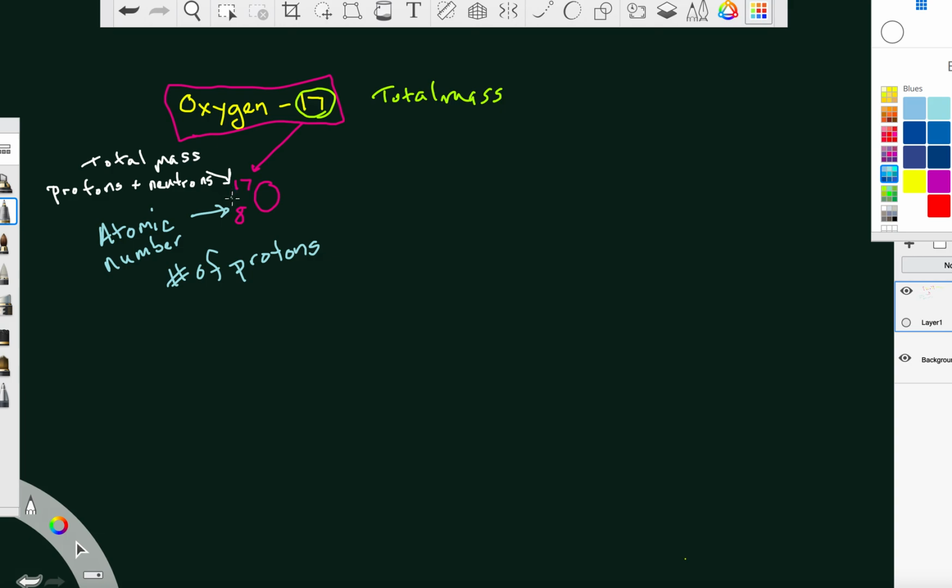That's everything. So if I wanted to know how many neutrons are in oxygen 17, well, then we would just say, oh, well, 17 is my total.